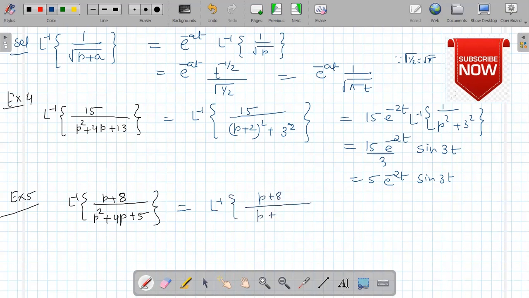This is p plus 2 whole square plus 1. Because this is a function of p plus 2, you cannot replace this with p plus 8, but you can make it p plus 2. So you will write it as p plus 2 plus 6.